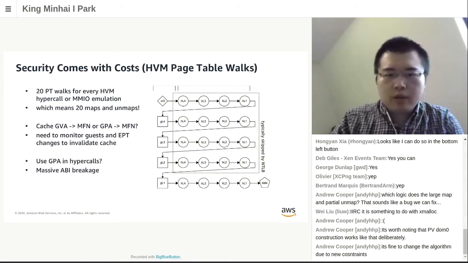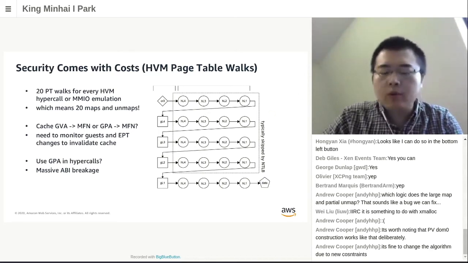That can also work, and because EPT rarely changes, the cache does not need to be updated that often. So that can be effective, and that means we can save all those EPT walks. We only need to walk the guest side, so it means probably only 4 maps if you can hit the EPT cache entries.